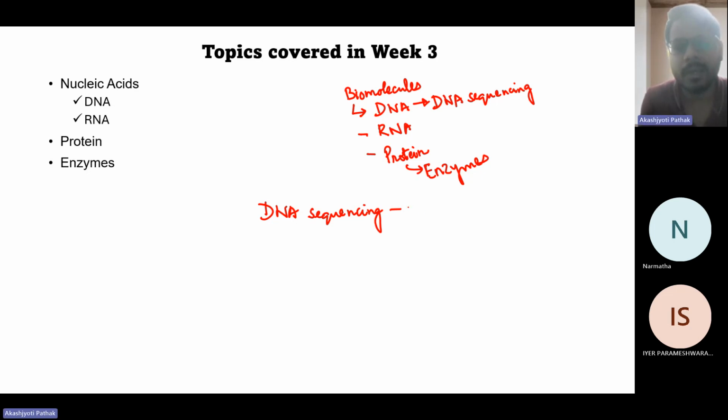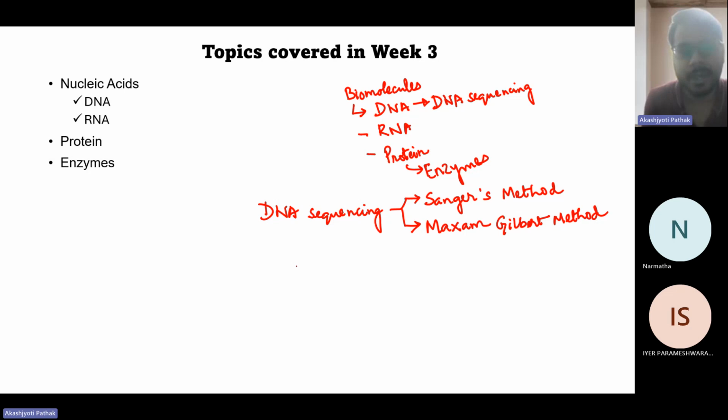But the two earlier main methods were Sanger's method, also known as the dideoxy DNA sequencing method, and the Maxam-Gilbert method. So we learned about these two DNA sequencing techniques.